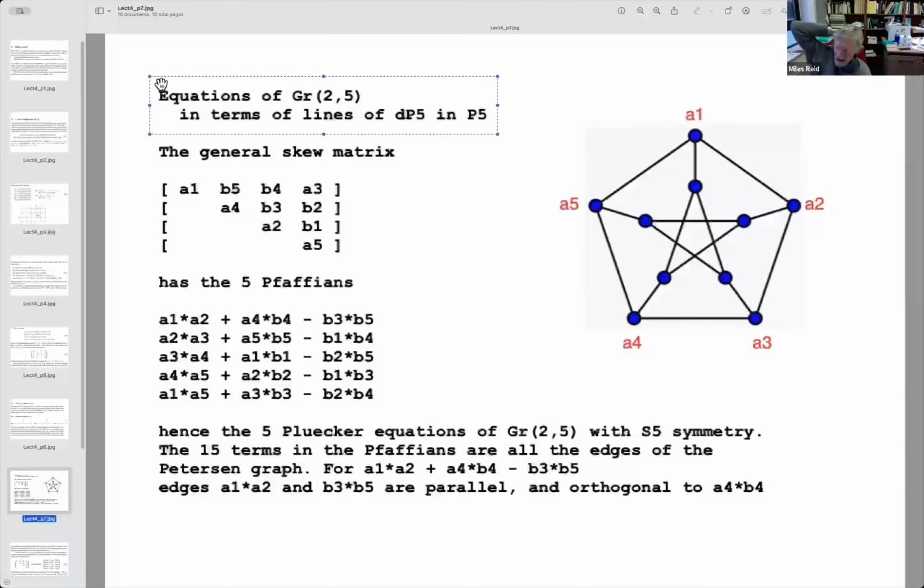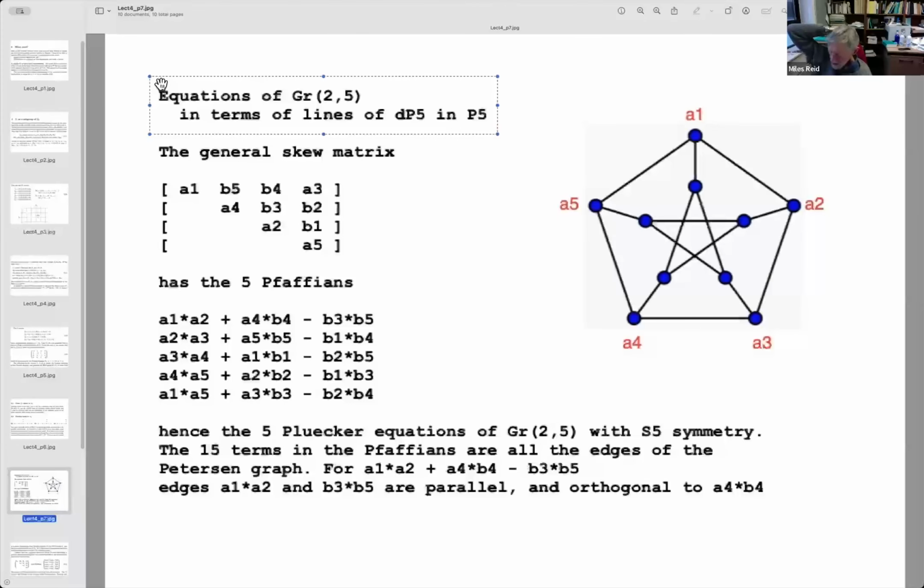If you have 4 points in P2, you can draw the 6 lines joining any pair, and you get the complete quadrilateral. If you blow up those points, you get minus 1 curves.